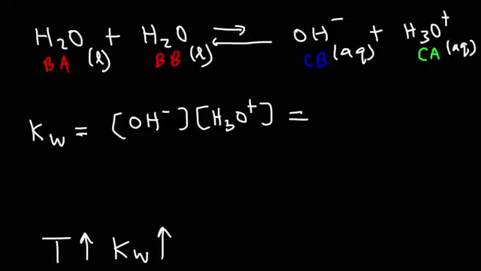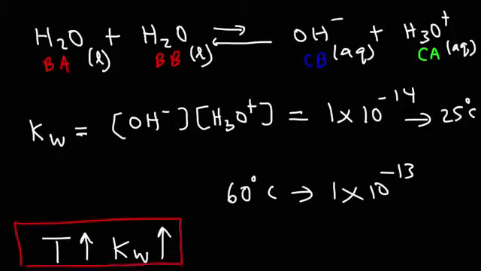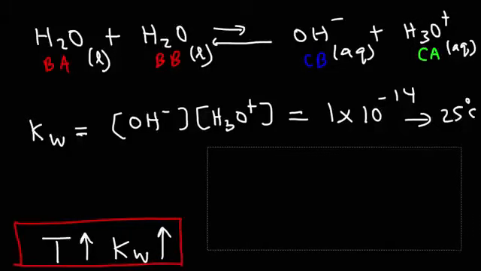Now at 25 degrees Celsius, Kw is 1 times 10 to the negative 14. But if you were to increase the temperature to, let's say, 60 degrees Celsius, Kw increases. It's 1 times 10 to the negative 13. So it's dependent on temperature. But for most chem problems, if you don't see a temperature, it's assumed to be 25 degrees Celsius.